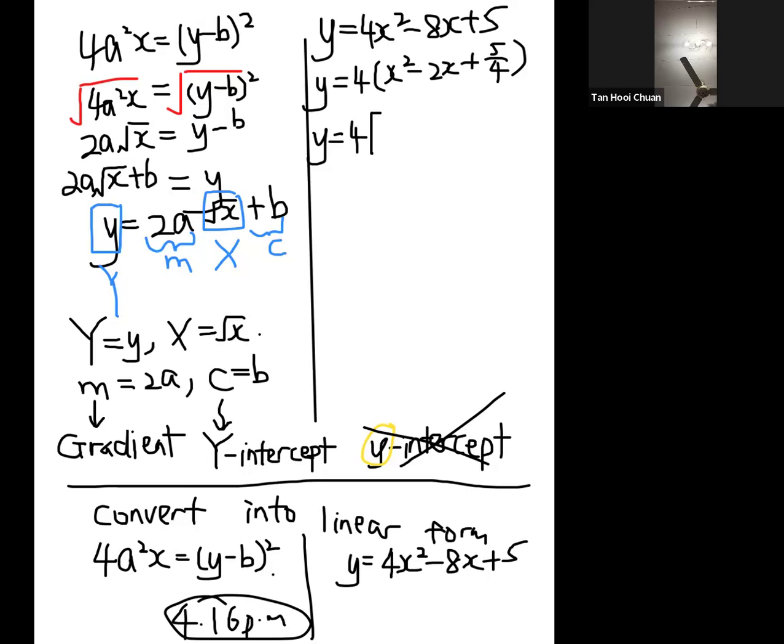Not only for this chapter, actually the most important is for chapter 2, linear, the quadratic functions, plus 1 square minus the same thing square. So later, minus 1.